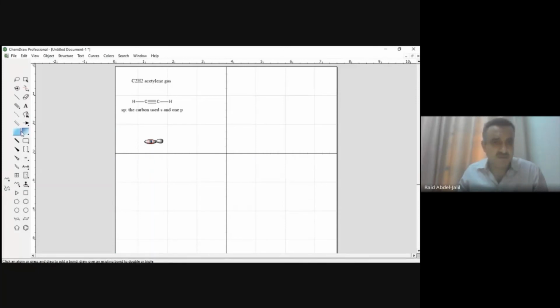And the hydrogen, as you know, it's all about s. So this will be overlap. It's too big, let me use this and make it a bit smaller.